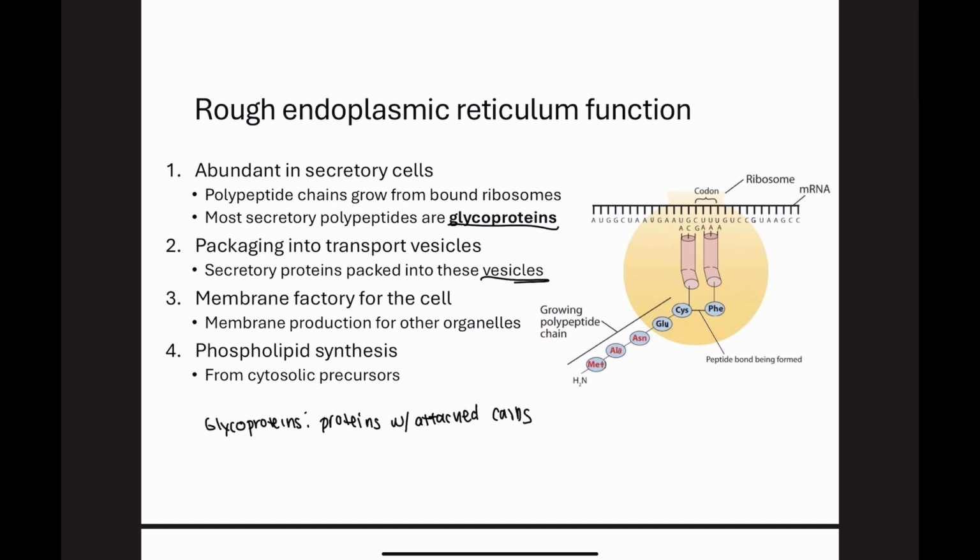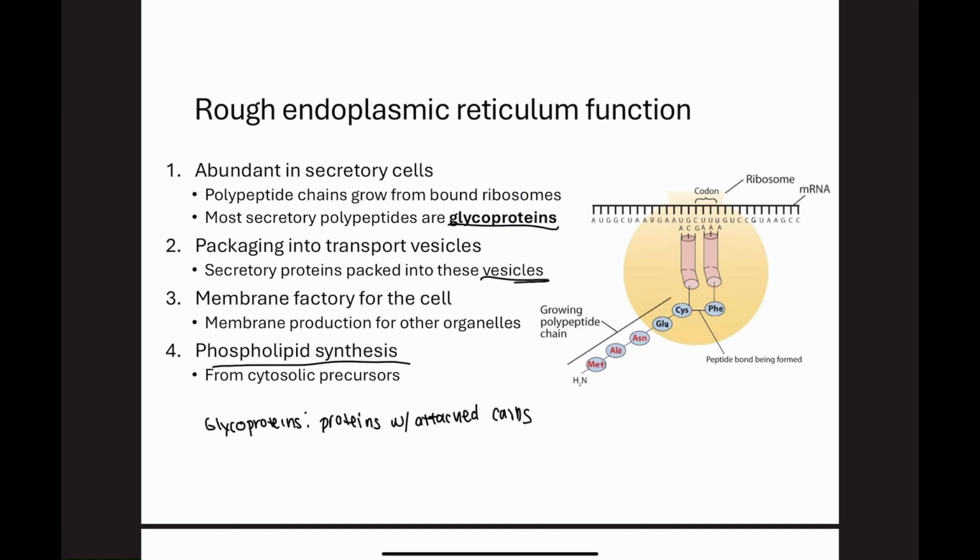It's also going to function in membrane production. Okay, so the rough endoplasmic reticulum is going to produce membrane-bound proteins that are going to integrate directly into the endoplasmic reticulum membrane. And it's also going to function in phospholipid synthesis. And the synthesis of phospholipids occurs from cytosolic precursors, which is going to expand that cell's membrane system.